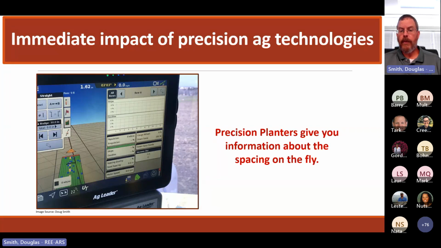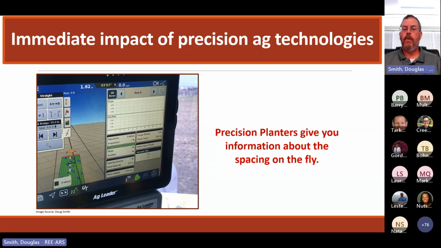So either you're dropping 2 seeds at once, or instead of every 7 inches, you drop a seed about every 3 inches. There are also some yellow dots in that monitor that show where you're getting skips. So instead of every 7 inches, it might be every 14 or 21 inches between the seeds.